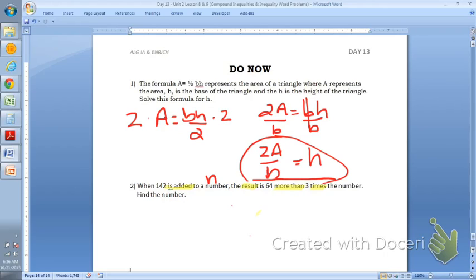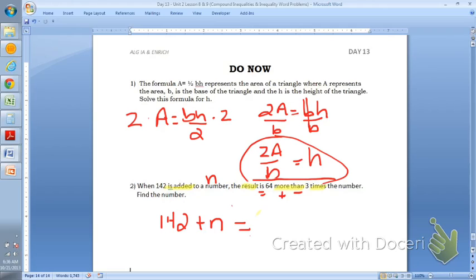Let's see if we can put this all together. When 142 is added to n, the result is, there's that is, 64 more than. Well, we know that more means add, but remember the word than, what that does?